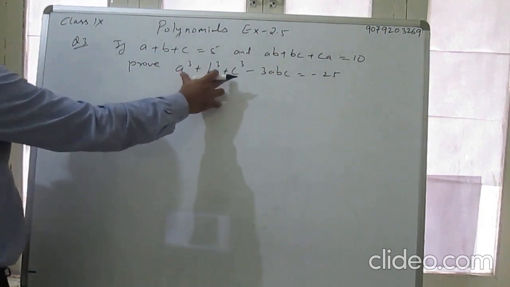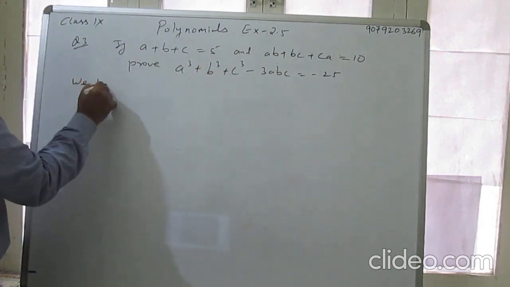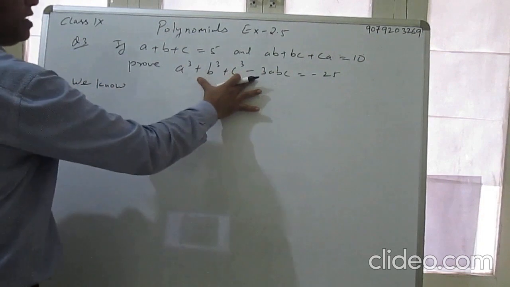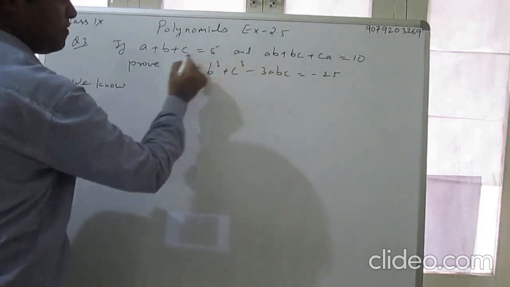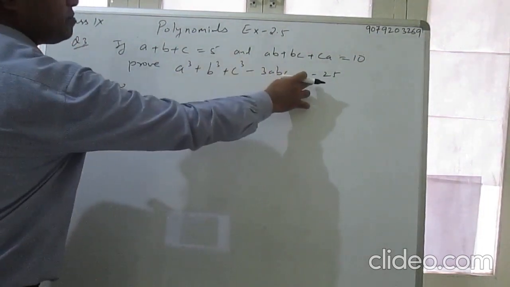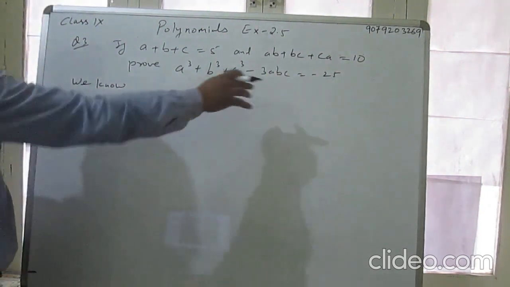If I apply this identity, we know that the value of this identity is minus 25.